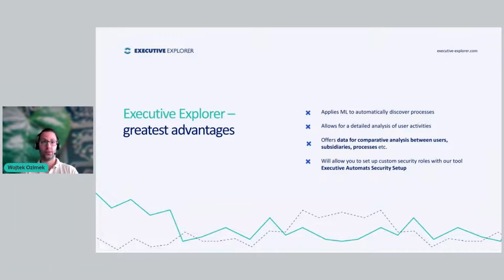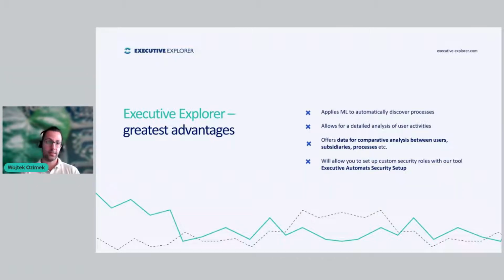What is also important, if you know our company, we also have other tools for Dynamics, and one of them is Executive Automat Security Setup. Executive Automat Security Setup allows you to create custom roles for your processes. As you understand, this can provide multiple benefits, from lower cost of licensing to very customized roles where people have access only to the specific data.